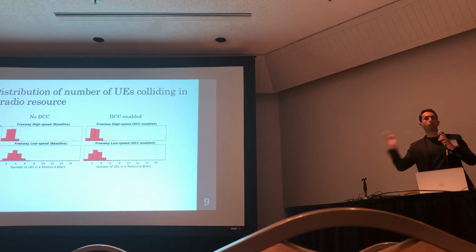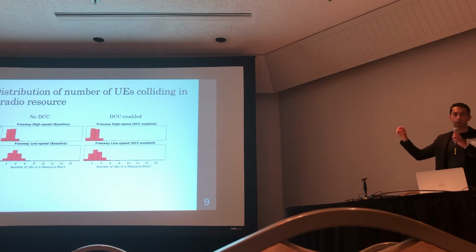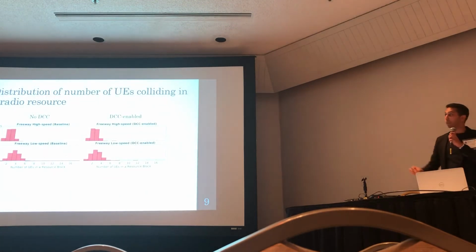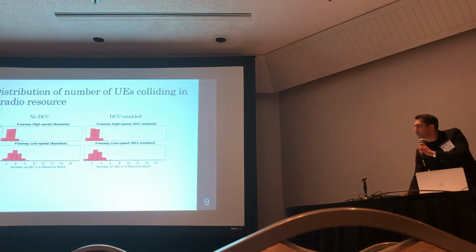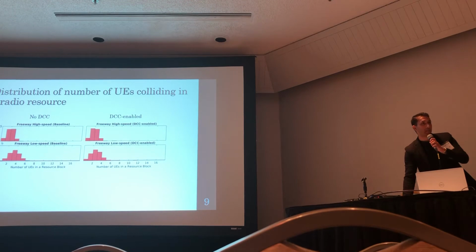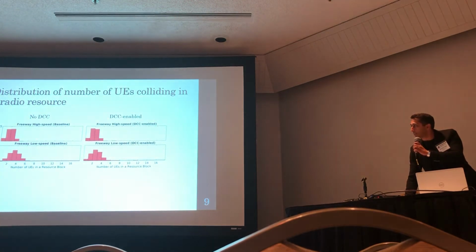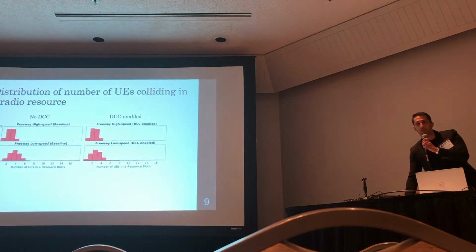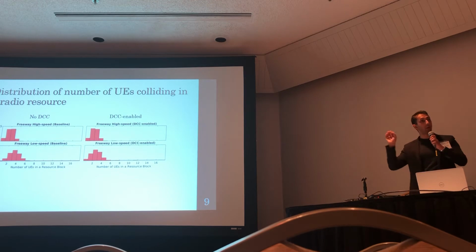We want to use all of our radio resources, and ideally I don't want any radio resource with 0 messages in it. I also have a bunch of radio resources with 1 or 2 messages in them. So the important thing that's happening here is that in the base C-V2X, which doesn't have congestion control, you have a bunch of resources that have 0 messages in them, meaning they're unutilized.